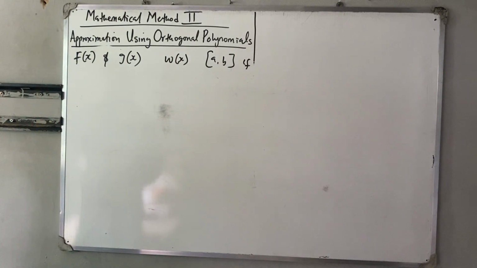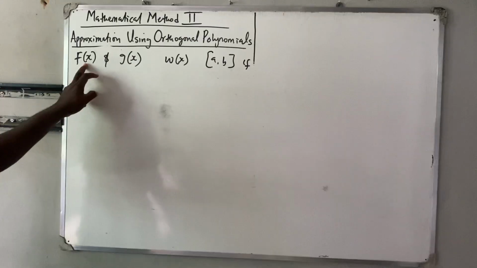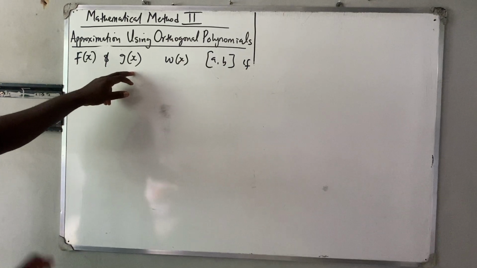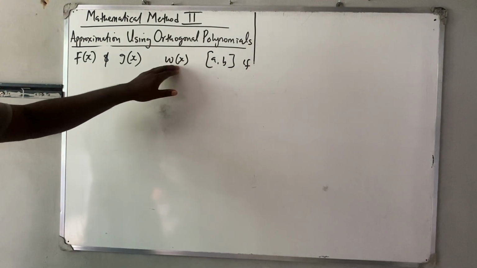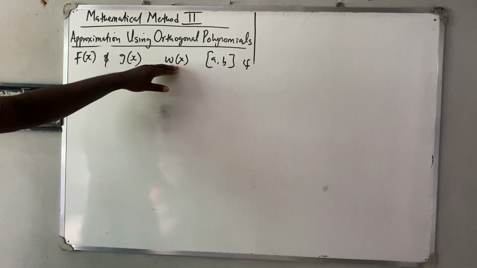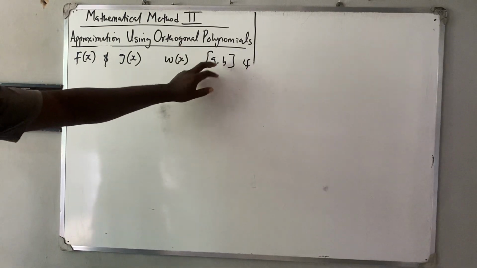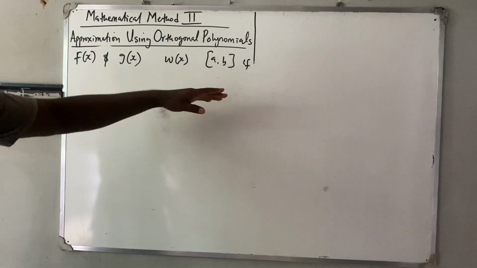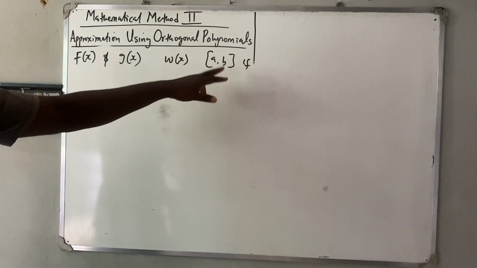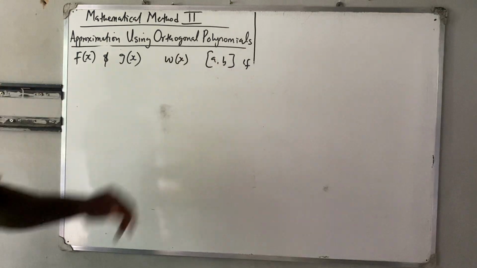So write for me that polynomials f of x and g of x are said to be orthogonal with respect to a weight function w of x over a closed interval. In fact, you can call it a closed bounded interval. Hope you know that a closed interval is bounded.